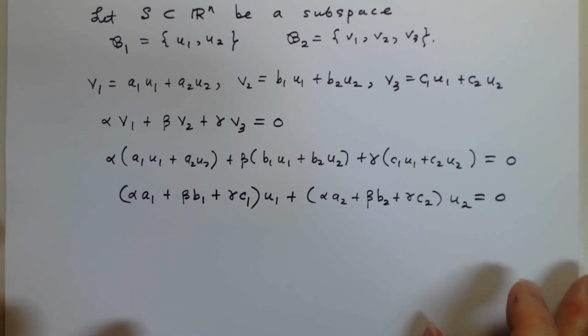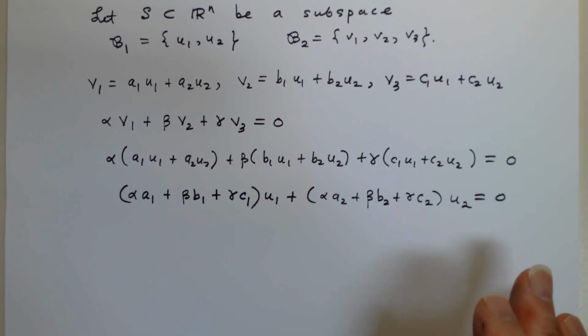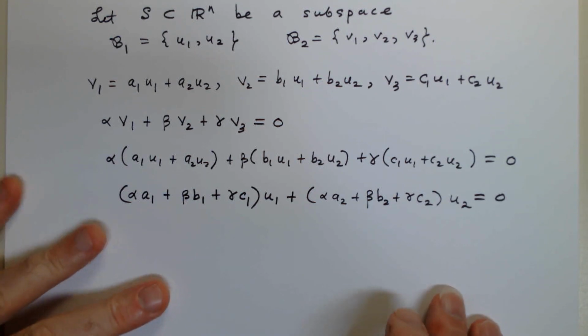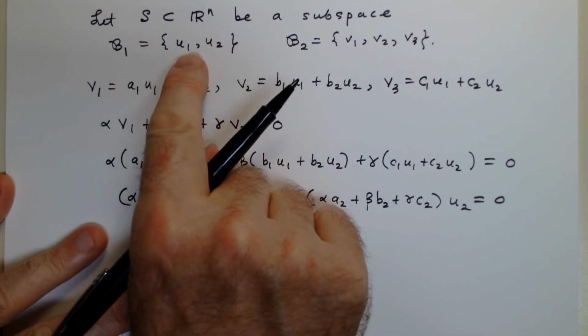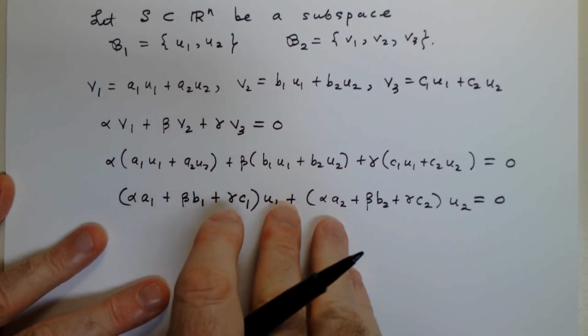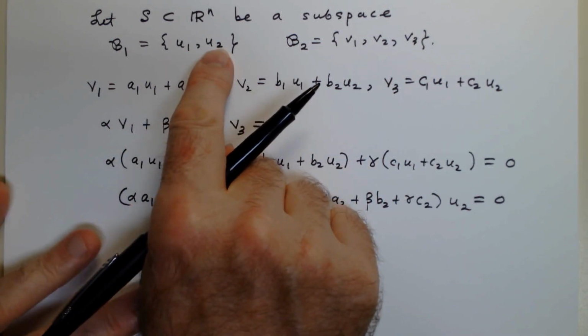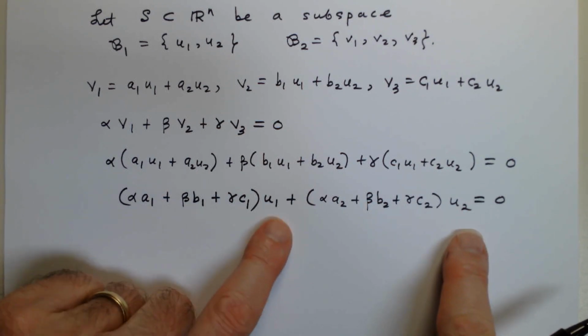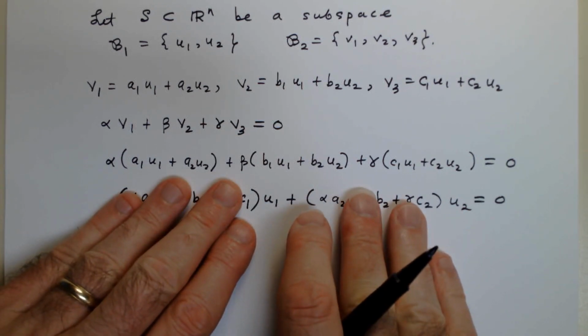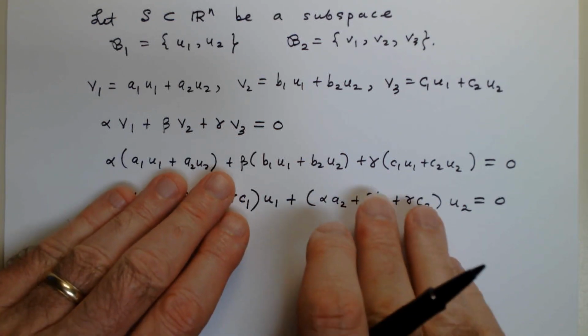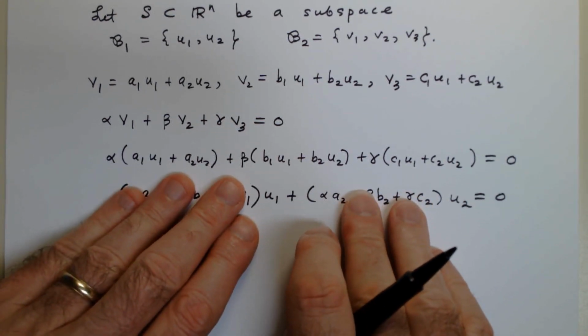Okay, so now we're going to use the other part of a basis. We know that u1 and u2 form a basis for S. We've already used the spanning property. Now we're going to use the linear independence of u1 and u2. Since u1 and u2 are independent vectors, the only way that this combination of u1 and u2 can equal the zero vector is if these coefficients are both equal to 0.